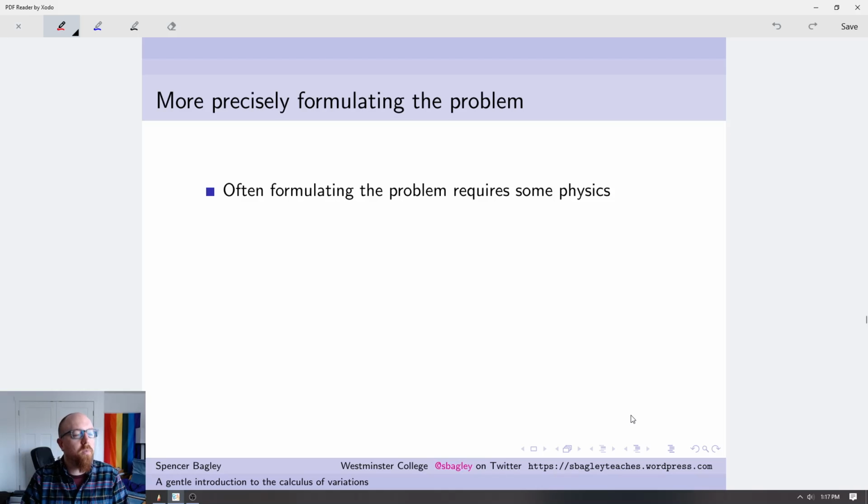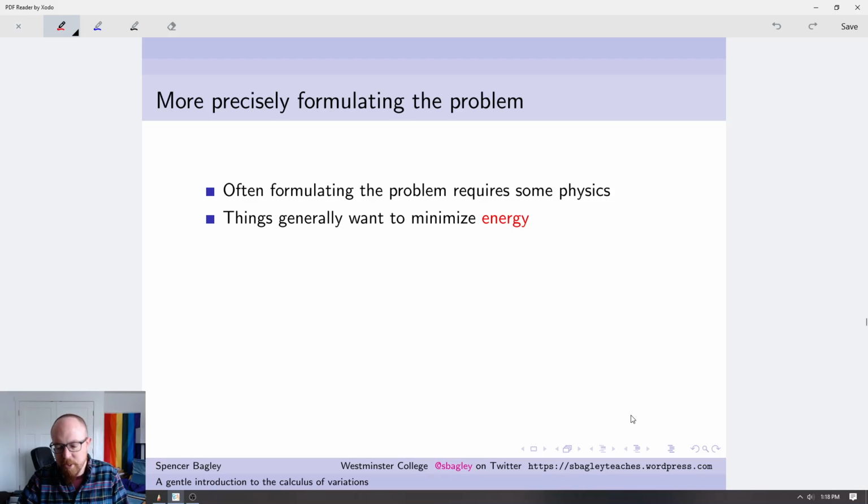We need to more precisely formulate the problem, right? Originally we said, what function describes the curve that the chain takes. I think we're going to have to turn on our physics brain a little bit in order to formulate the problem more precisely. The operative thing here is that things generally in nature want to minimize their energy.